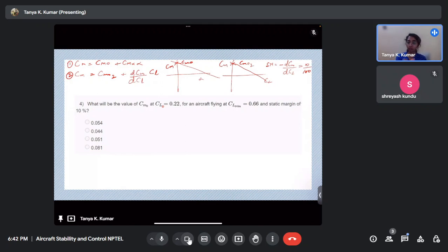Now if we expand this equation, Cm naught 2 plus dCm by dCl into Cl, that is dCm by dCl into Cl naught plus Cl alpha into alpha, so I write Cm naught 2 plus dCm by dCl into Cl naught plus dCm by dCl into Cl alpha into alpha. Okay, so now this is similar to the first equation.